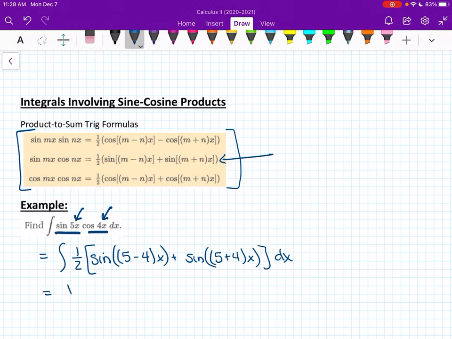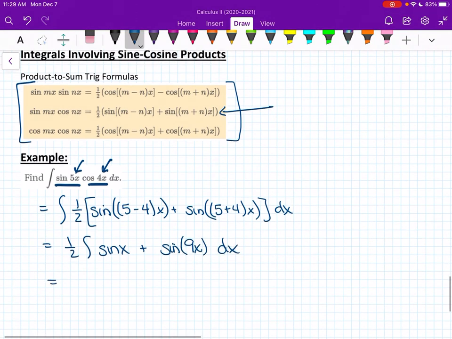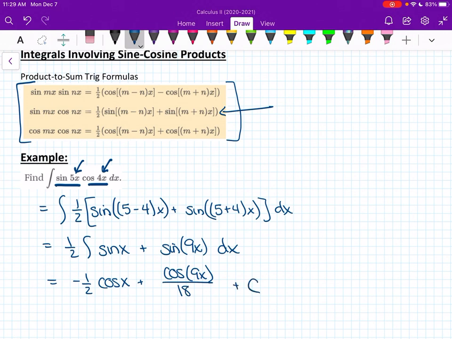So if I simplify that, I have 1/2 times the integral of (sin x + sin 9x). And if I integrate, I am going to get −1/2 cos x plus cos 9x divided by 9, and I also have to multiply that by 1/2, so 18 would be my denominator there, plus c. So those are also some helpful formulas. All right, go ahead and try your homework.